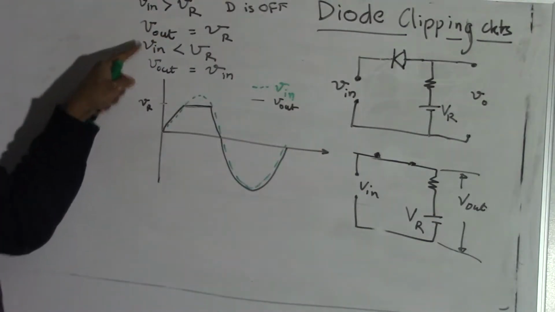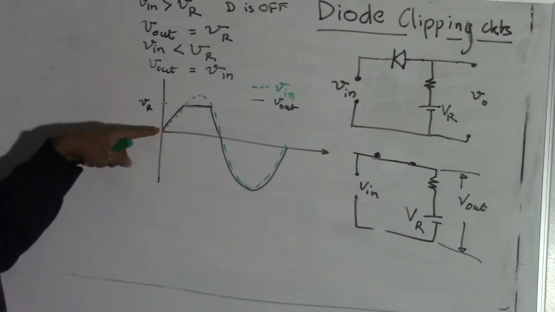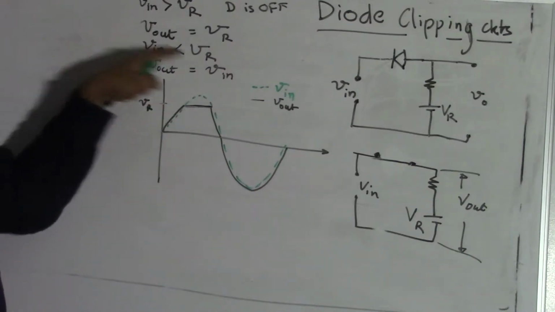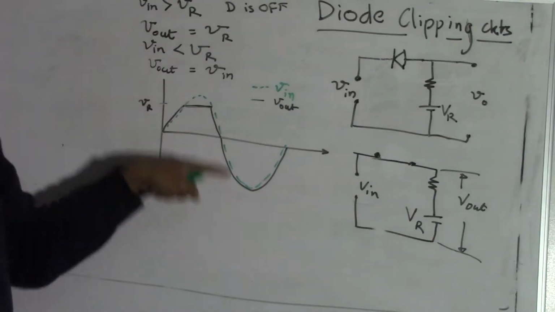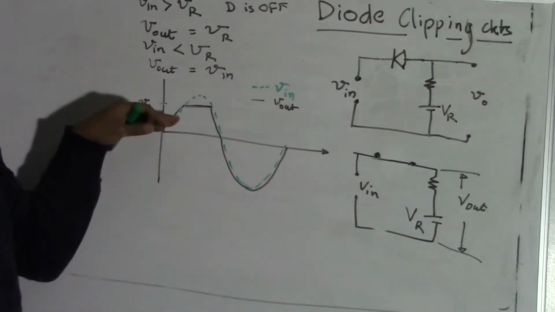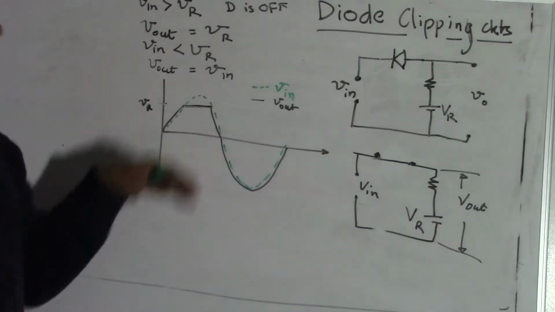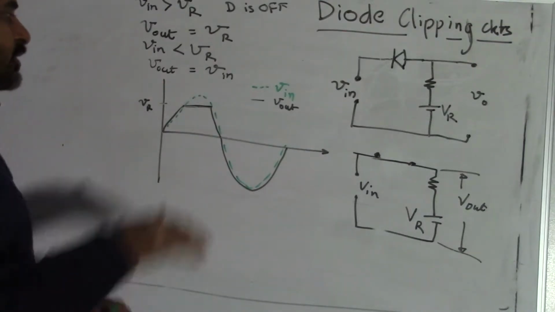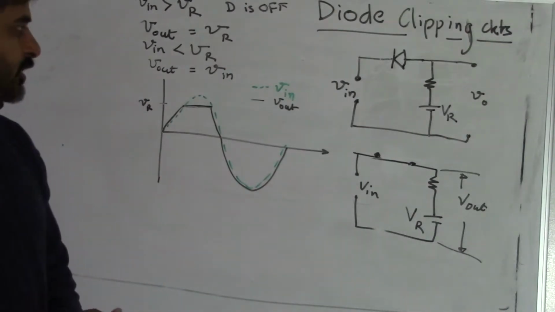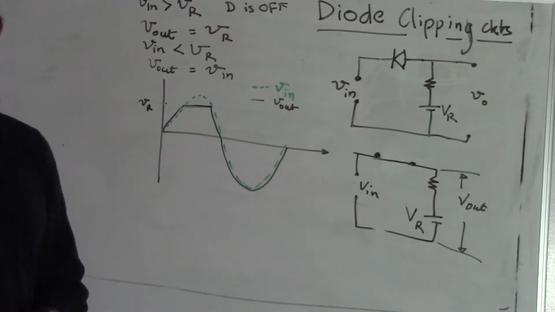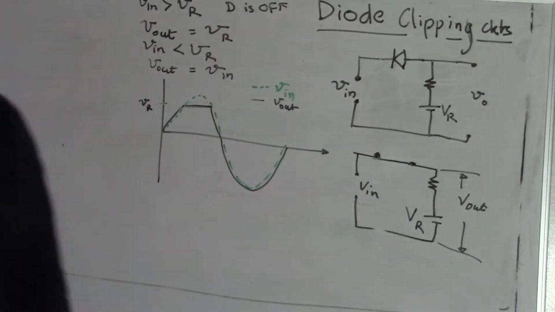When V in, the green, is less than VR, then our output voltage is the same as the input voltage. So this is our clipping circuit which clips the top side of the incoming voltage. So these two are very simple clipping circuits, but there are a couple of variations of this.